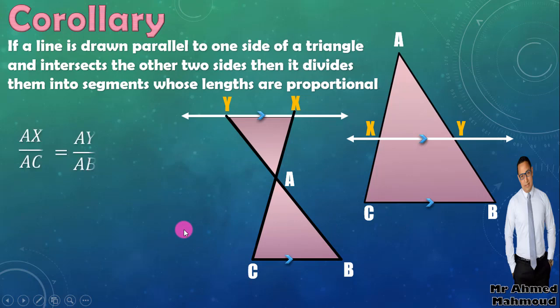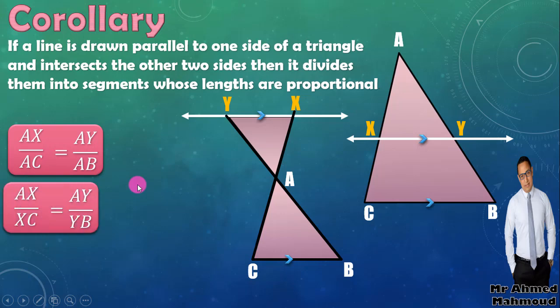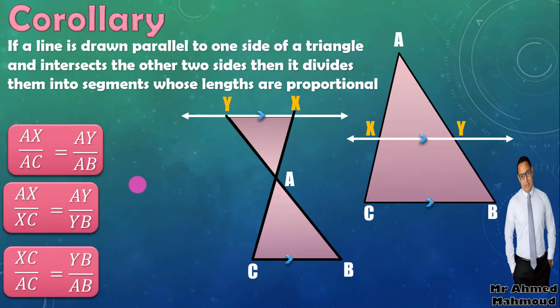AX over AC equals AY over AB, AX over XC equals AY over YB, XC over AC equals YB over AB. This is the first proportion, AX over AC equals AY over AB, and so on for the next proportions.